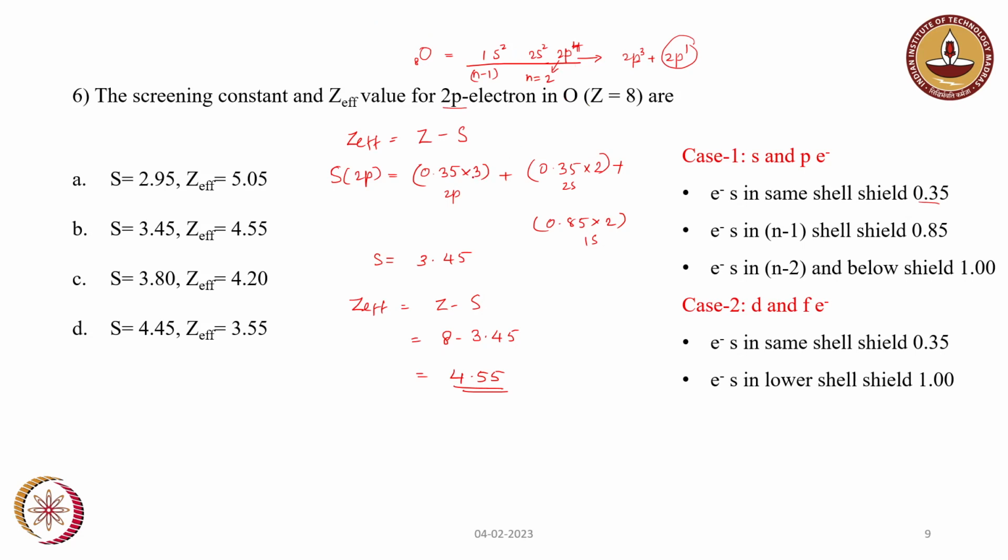For each 2p, 2s, and 1s electron, we assign these shielding constants, and found the shielding constant for 2p, and we got 3.45. From there we calculated Z effective by using the equation Z minus S. Z is the atomic number of oxygen. So 8 minus 3.45 is 4.55, and the answer was option B.